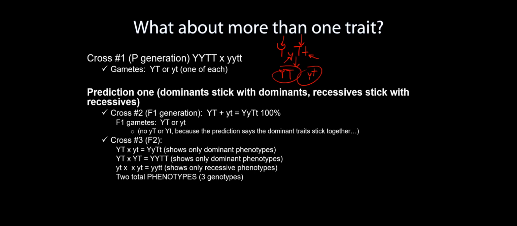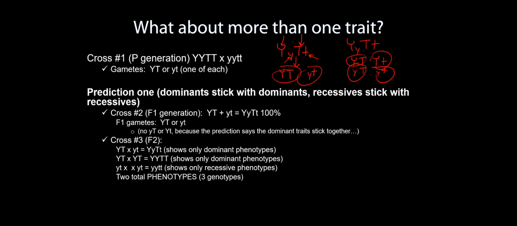However, if the dominant and recessive alleles did not stick together, then we can get any possible combination. We can have a capital Y and a capital T, or a lowercase y and a capital T, or a capital Y and a lowercase t, or a lowercase y and a lowercase t. So there are 4 possible combinations here.